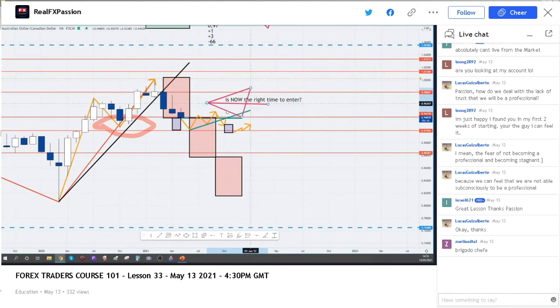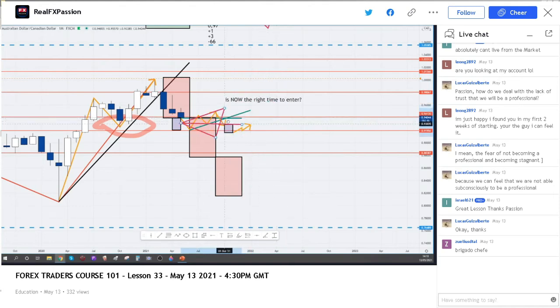Number one, a professional trader would never enter in here, in this example. If you are expecting a potential pullback, a retracement, the market didn't make a lower low, we are in here, and if you enter in here, you are going against the short-term trend. A professional trader would never enter here.